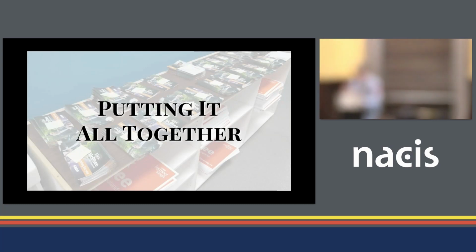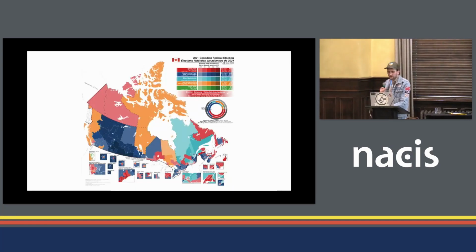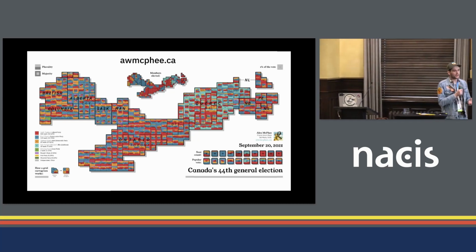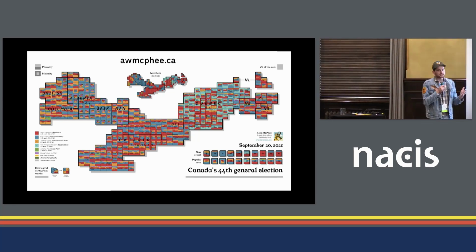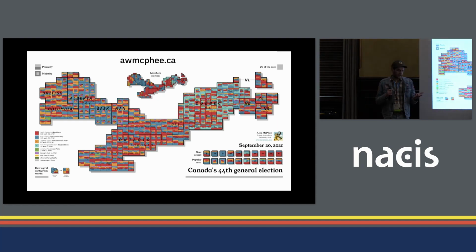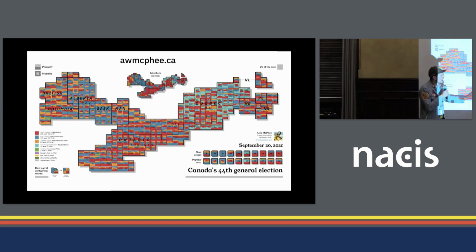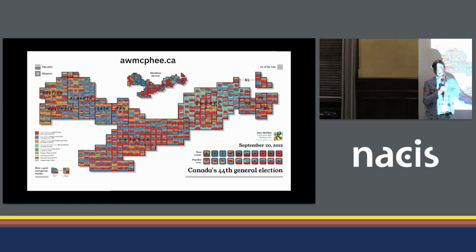So that's all four. I'd like to briefly go over my favorite election map that I've done. This is a synthesis of a lot of the things that I've gone over here. First of all, it's a cartogram, because that's a good way to show how much action is really happening in southern Ontario and Quebec.